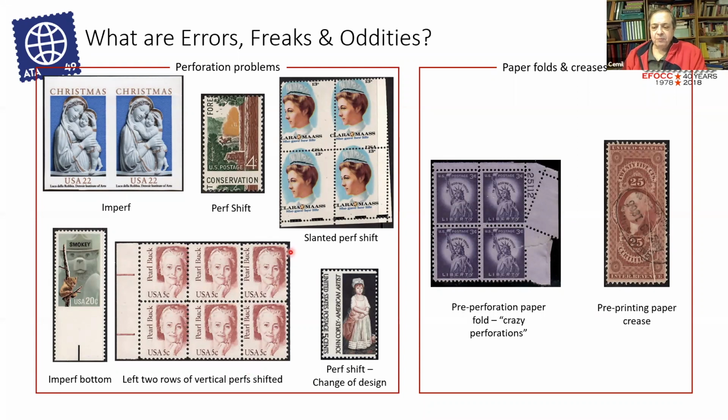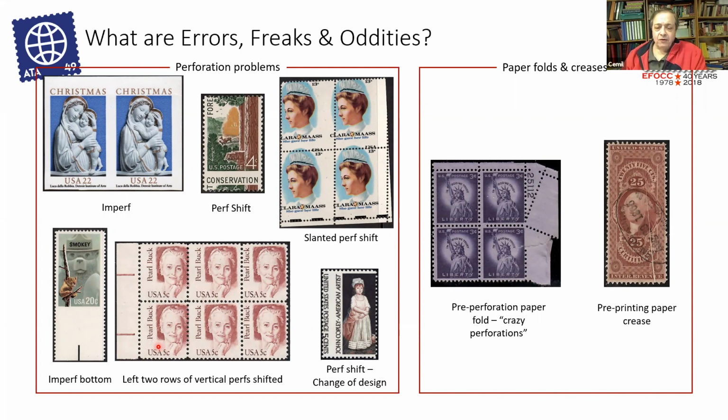That means that probably this was perforated in rows. After this row was perforated, before the next row was perforated, there was some kind of shift, and again. So you end up with stamps that are larger or smaller. You tend to find that a lot in older stamps because perforators were more imprecise at the time. Many perforations were done manually.